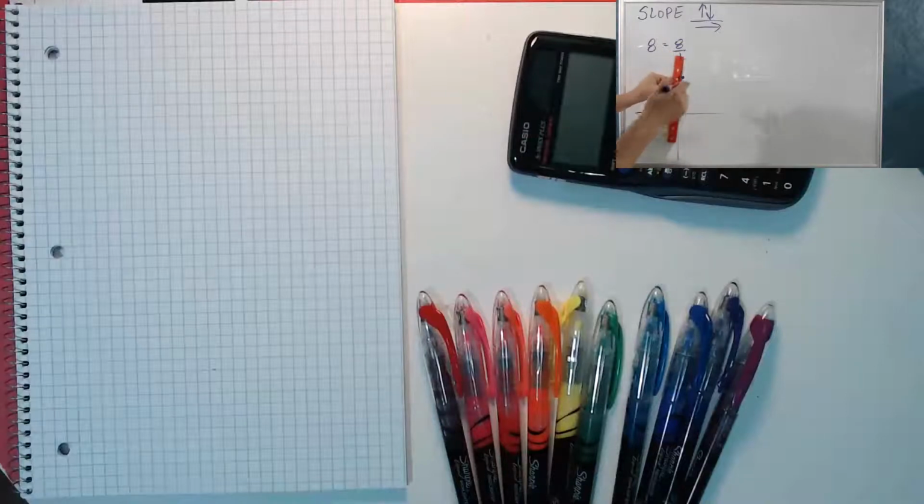So this line will be very steep up. Do you see that? How it's very steep? If I do a slope of 4, which is 4/1, that means I go up 4, 1, 2, 3, 4, and over 1.